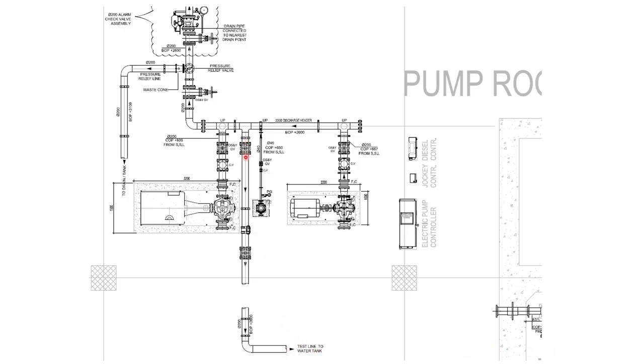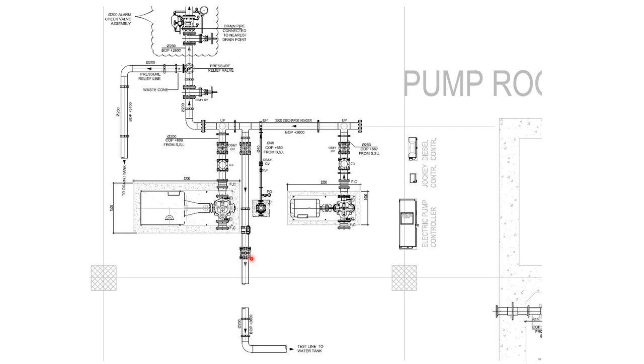Here it is shown one gate valve and one gate valve here after the flow meter. There is a recommendation about the distance between the flow meter and these gate valves in NFPA 20. If you did not find it in NFPA 20, then let me know. I will reply to you.